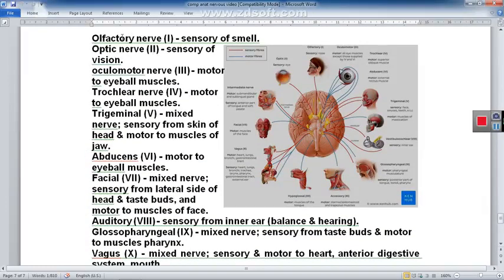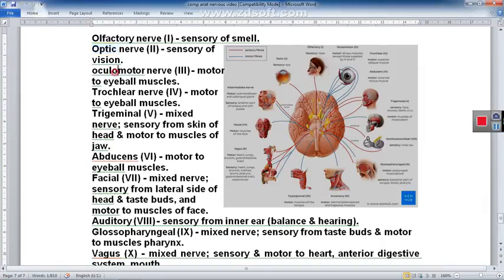The first cranial nerve is the olfactory nerve. It is related to olfaction, the sense of smell from the nose. The second cranial nerve is the optic nerve that is related to the retina for the sensation of vision.